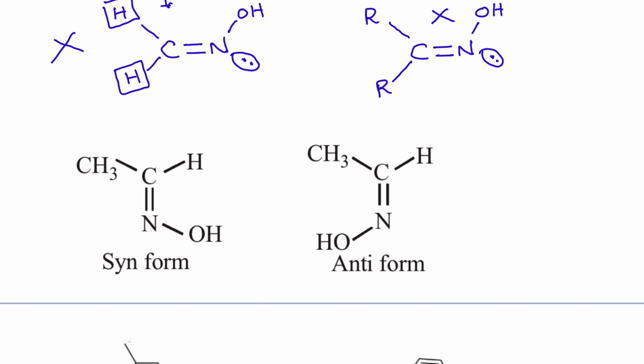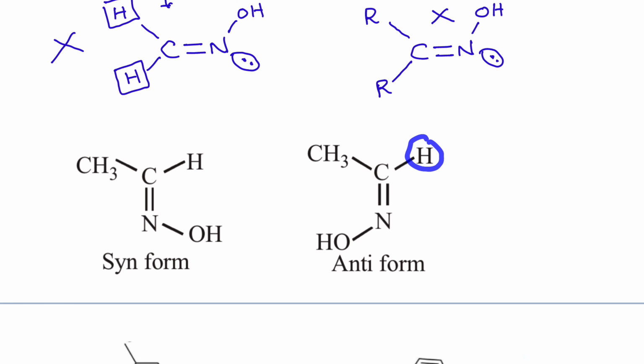In case of syn anti configuration, if you are dealing with the aldoximes, the simple logic: if the hydrogen of the oxime carbon and the OH group of nitrogen, if these two are on the same side of the double bond, then it is said to be the syn form of oxime.